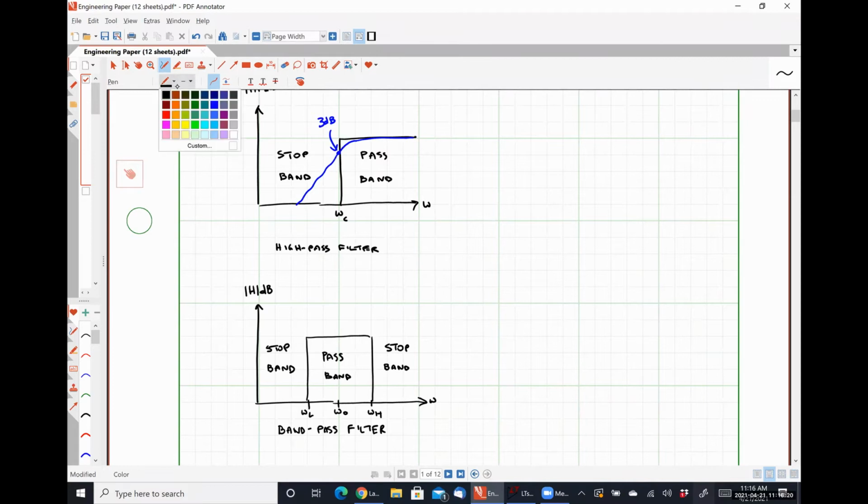Omega L and omega H are both 3 dB cutoff frequencies, so we should expect behavior that looks something like this in a non-ideal case. So both of these are 3 decibels below the maximum amplitude.